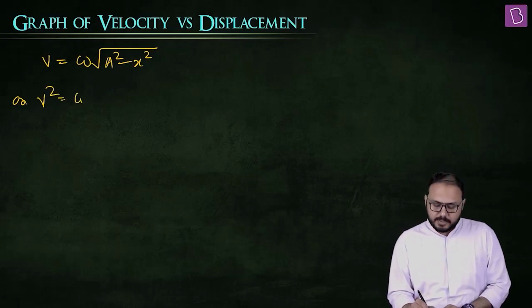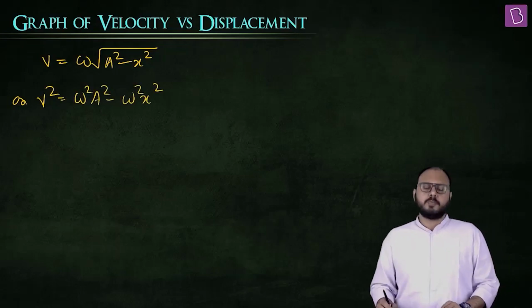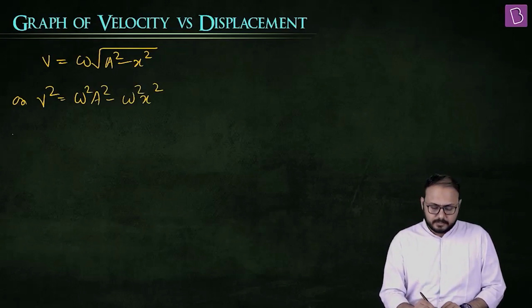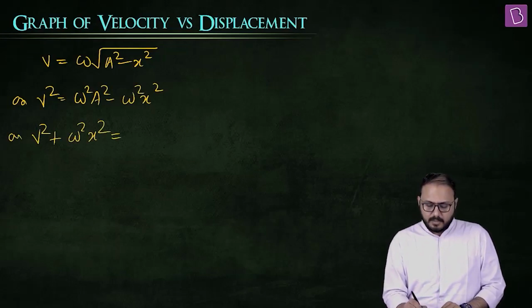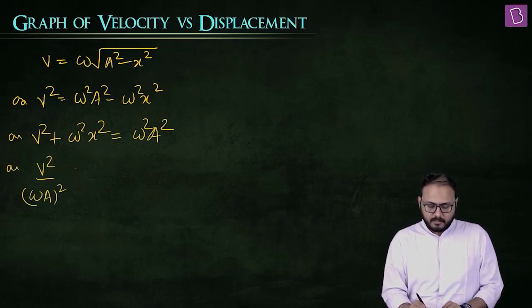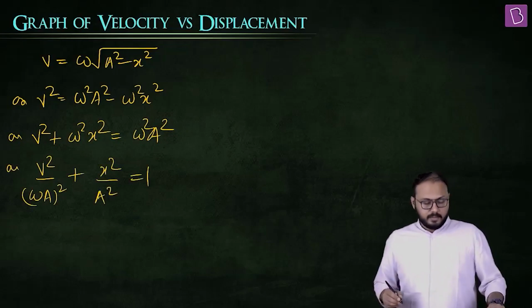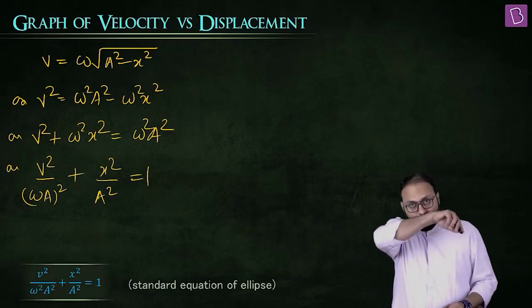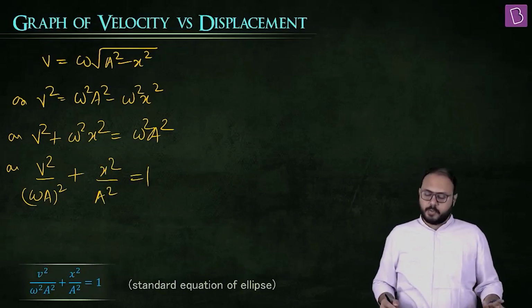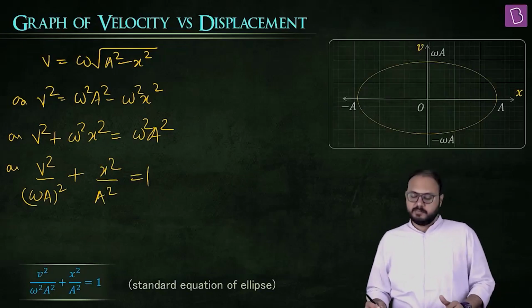Okay, let's open this. So far it's okay. Allowed? Allowed. This is an ellipse, absolutely. This equation is an elliptical equation. Draw the graph. There you go.